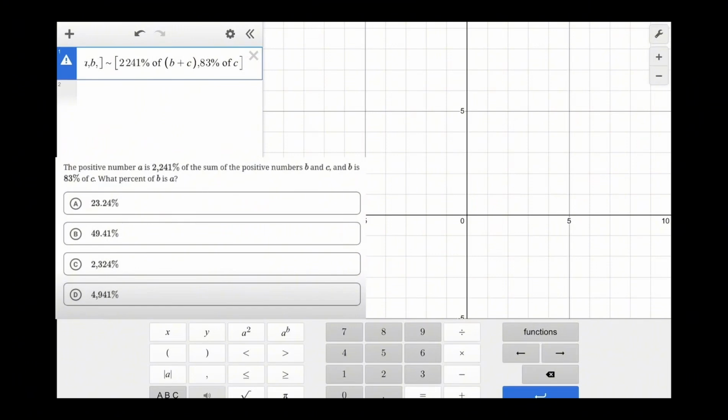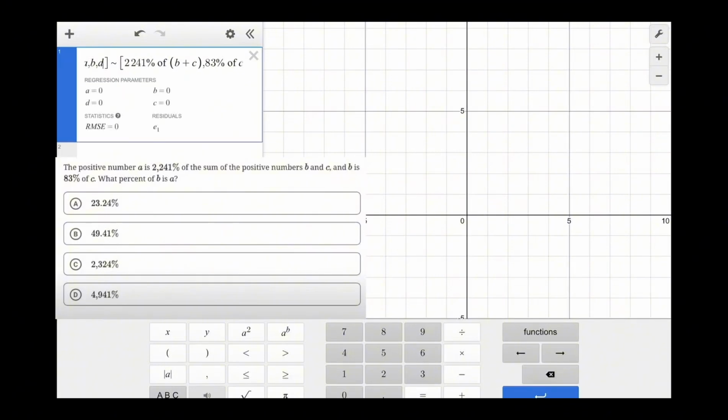I'm just gonna put a random symbol here like D, and then you just put percent of, then you're just gonna put B, and on the other side we simply put A, and then it's just gonna show that our answer is gonna be 4,941, which shows that the correct answer is gonna be D.